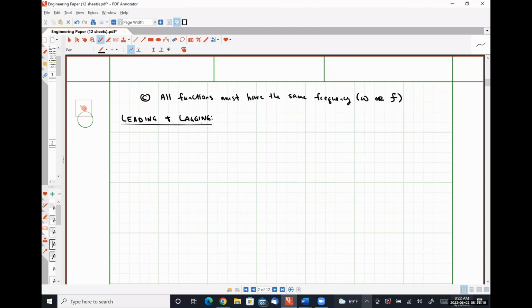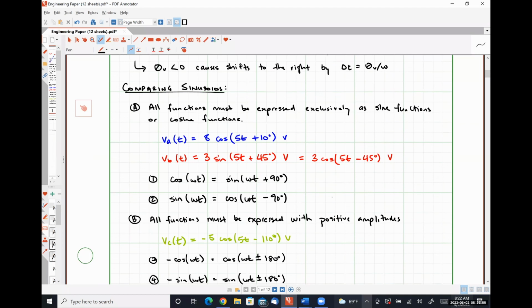So I am going to, again, attempt to draw a series of sinusoids. I'm going to try to draw the three that we have described here. So this is V of t. Our first one was VA of t, where we had a cosine of positive 10 degrees.